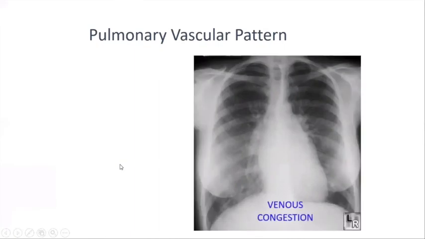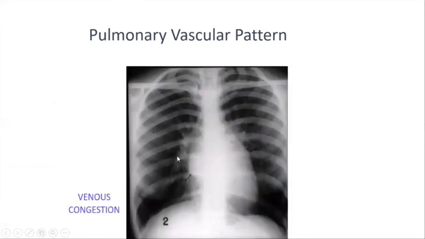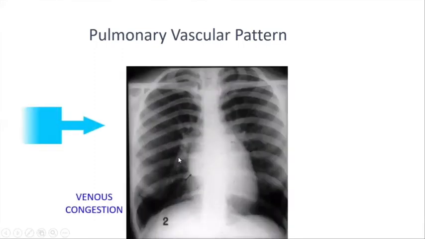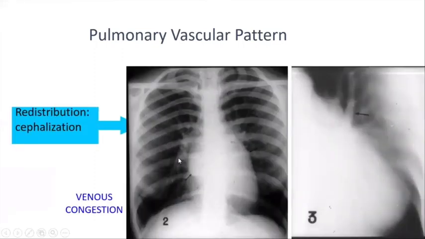And similarly, look at the redistribution and stabilization. In normal lungs, the basal vessels are more prominent compared to the apical vessels. See how the vessels in the apical region are comparable.